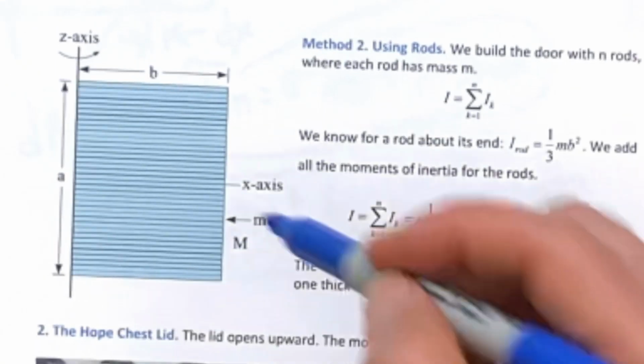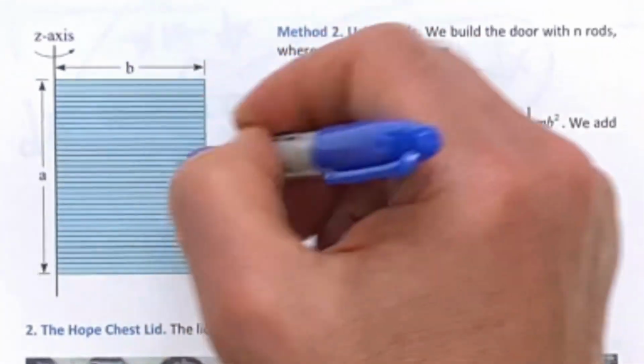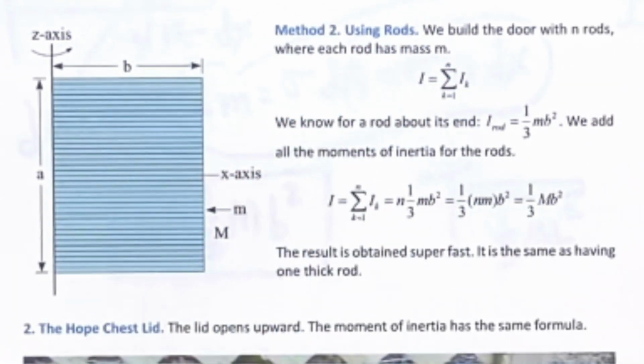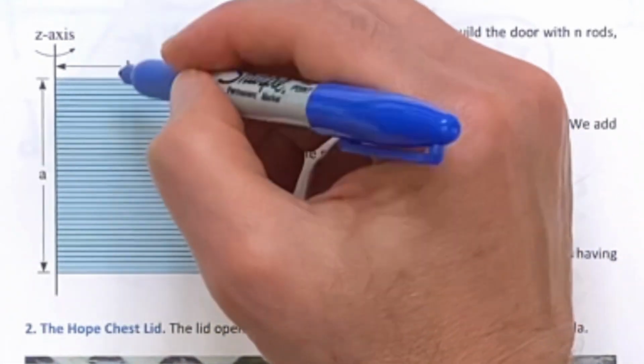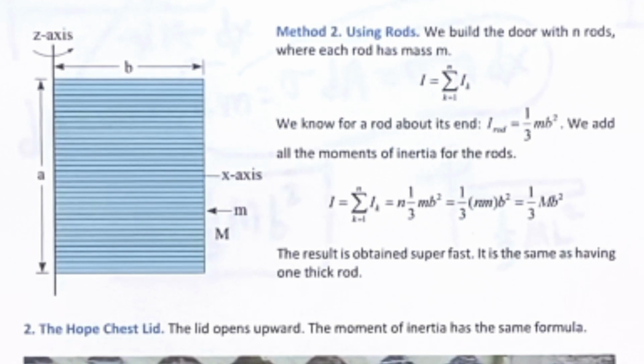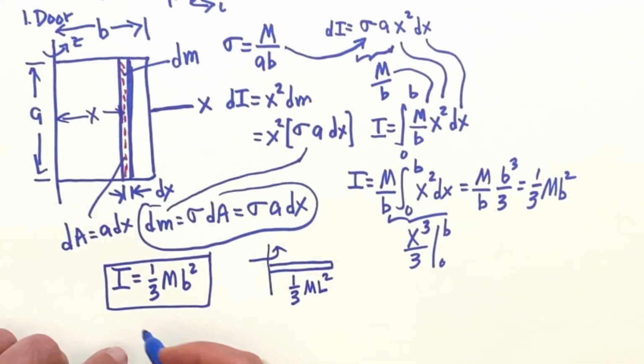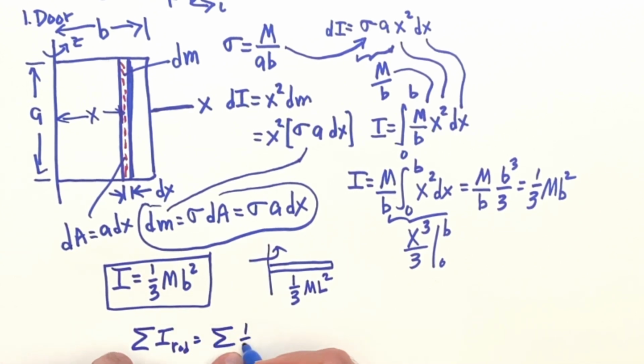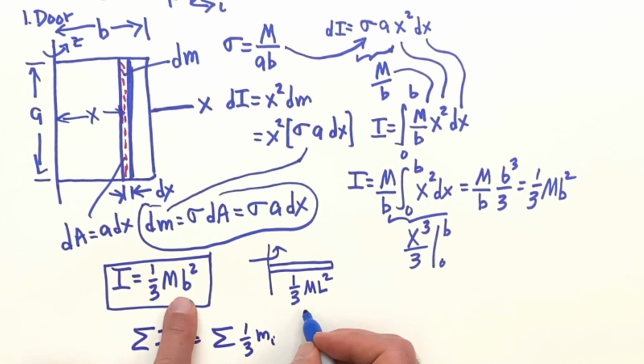But see, this can be thought of as lots of pencils, lots of rods. And each rod would have, if you summed up the I's for all those rods, they all would have 1/3, they would have a little bit of mass, m_i, and then they would have the same distance, which in this case is b squared.